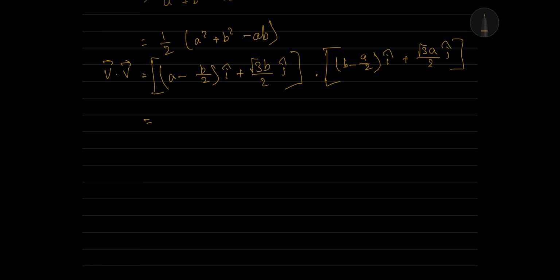Their dot product will be: multiplying this term and this term, ab plus ab by 4 minus a squared by 2 minus b squared by 2, and then multiplying this and this, plus 3ab by 4.